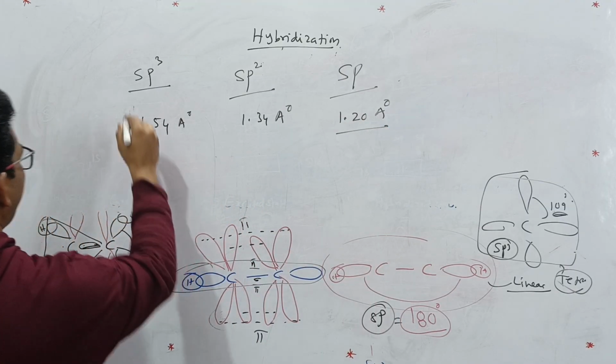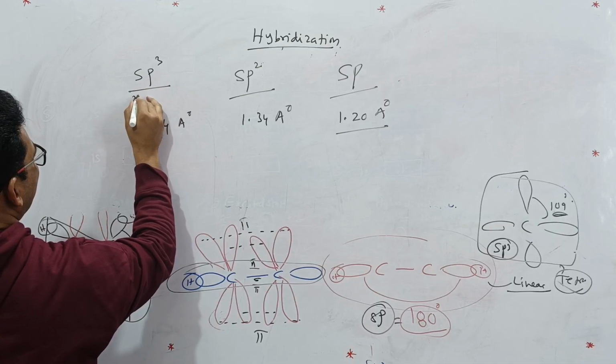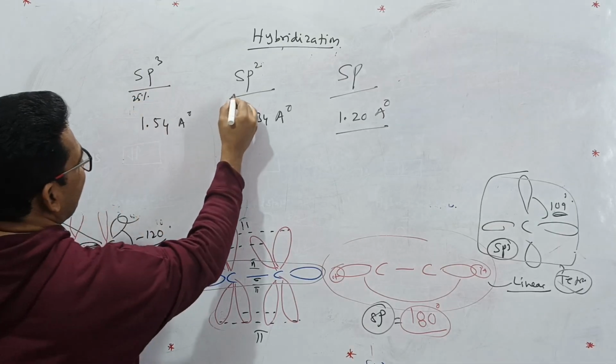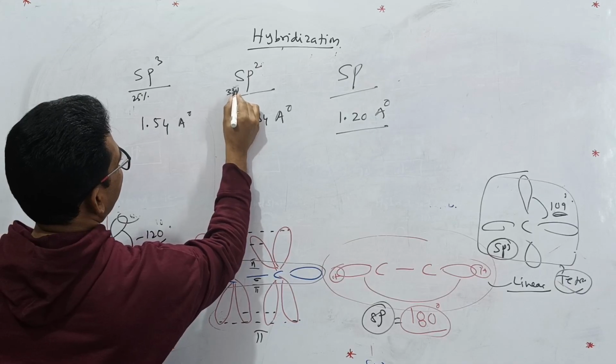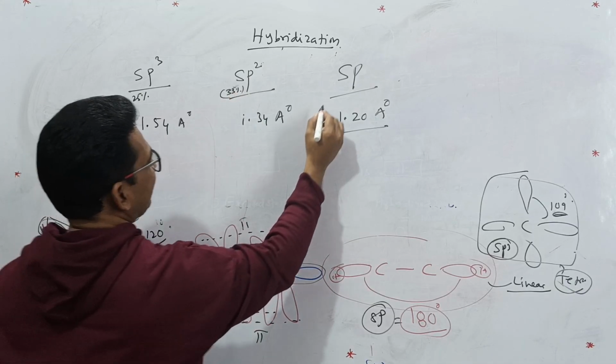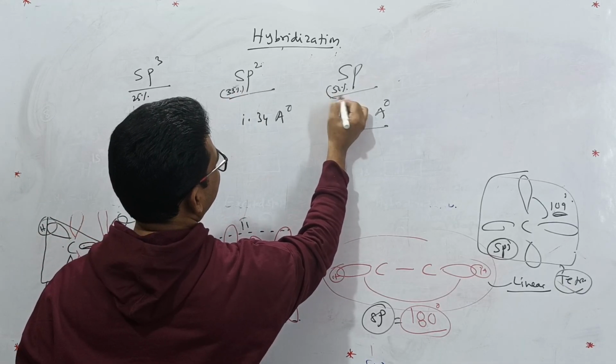See, in case of sp3, S character is 25%. Here S character is how much? 33%. Here S character is 50%.